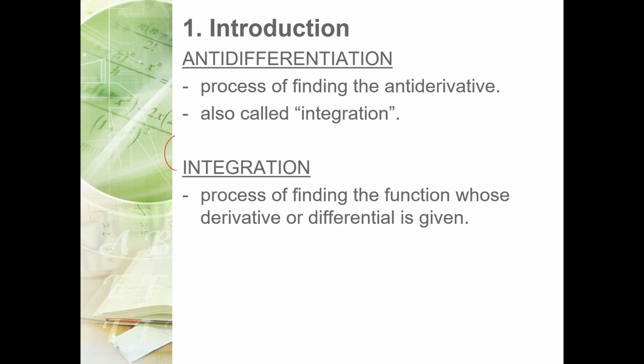You can also write it together, but again, they are the same: anti-differentiation or integration, or getting the integral or getting the antiderivative. Integration is the process of finding the function whose derivative or differential is given.